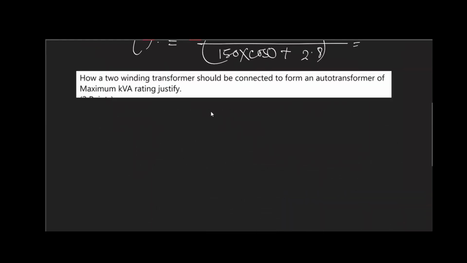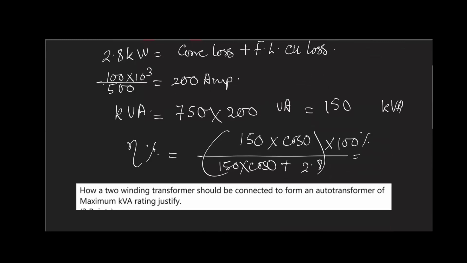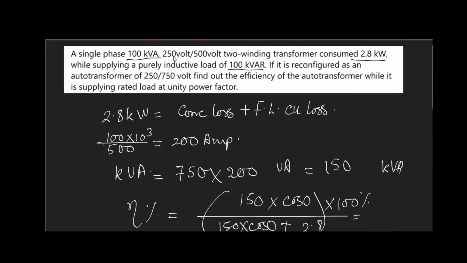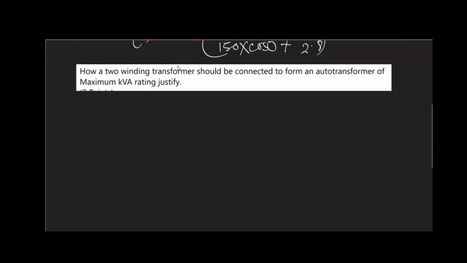So here it is a simple problem of how a two winding transformer should be connected to form an auto transformer to get the maximum kVA rating. Let us consider this example only, 100 kVA, 250 volt, 500 volt. Let me draw all the four configurations that are possible, 2 step up and 2 step down. First let me draw the step up condition.